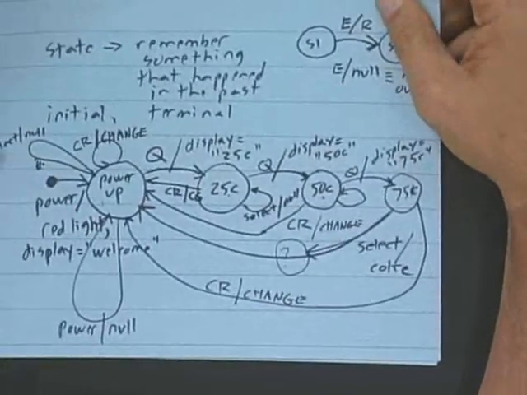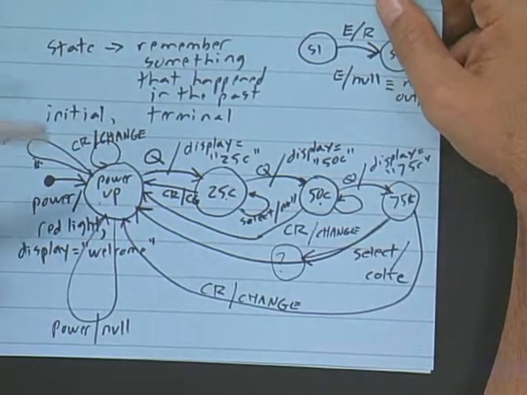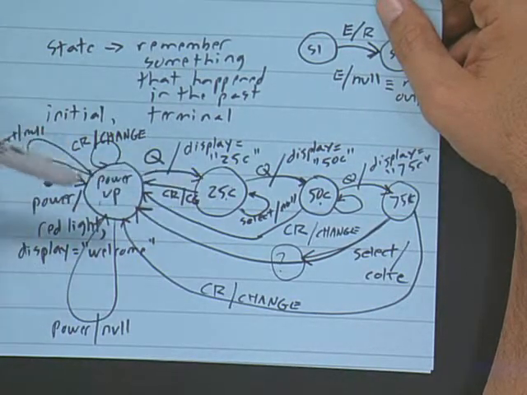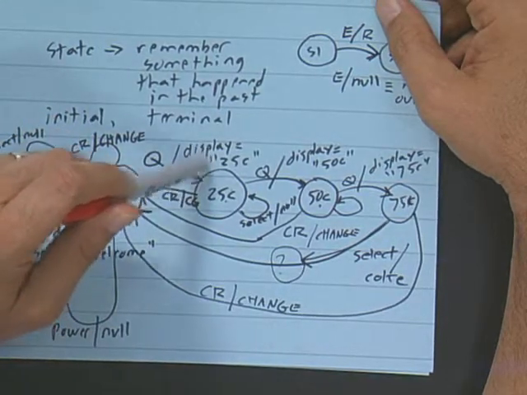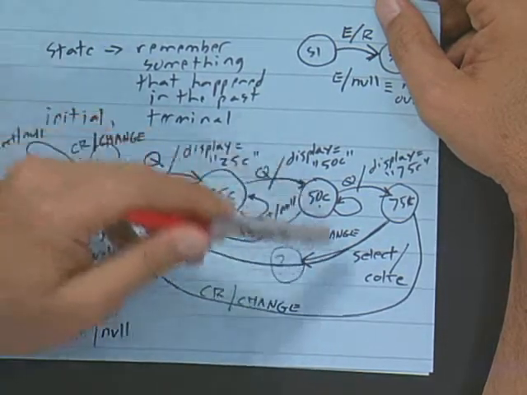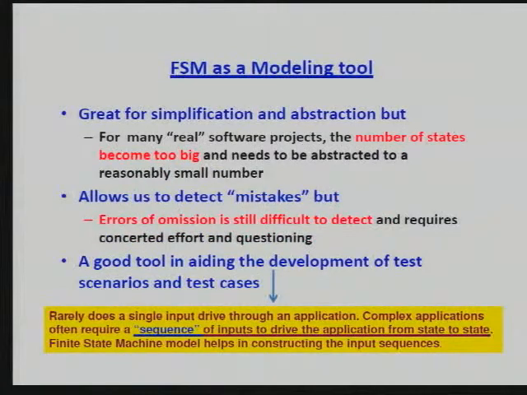When you're doing this in the real world, you would look at this diagram and talk your way through it. Okay, if I'm in this state, I get this, and I go here. Does that make sense? I'm going to transition here. Now if I get this input, I'm going to go here. You can talk your way through this, and by doing that, you could detect mistakes.